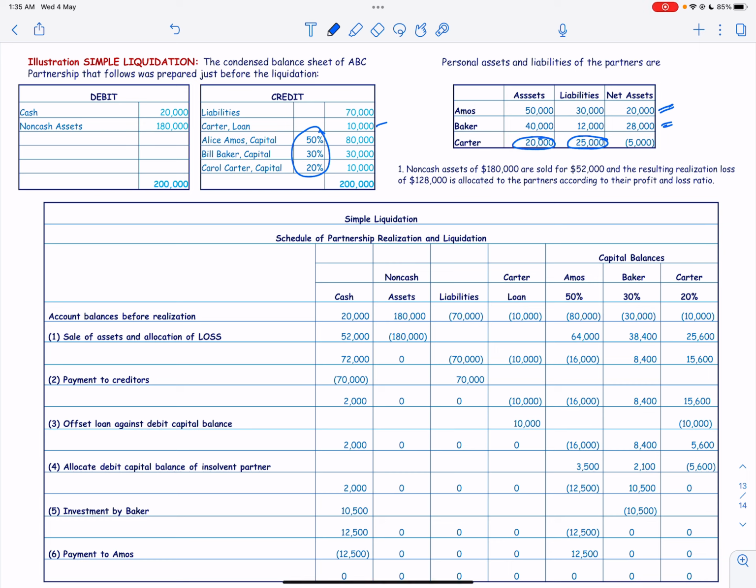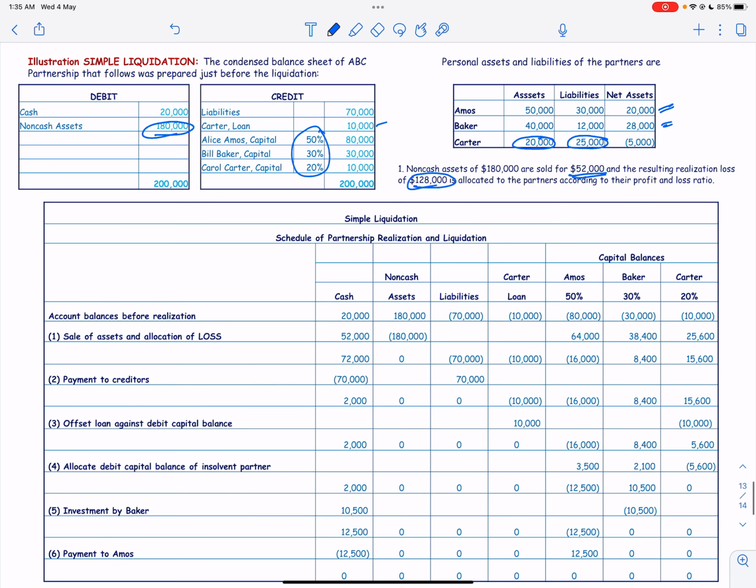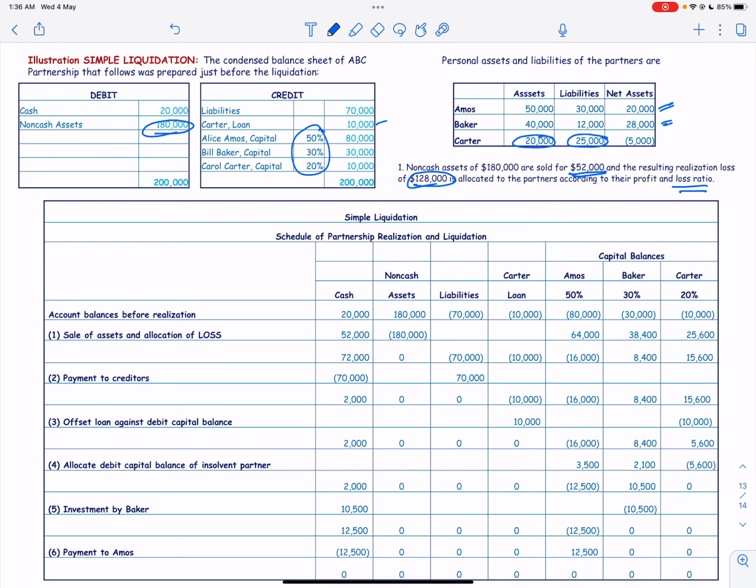And then non-cash assets of 180,000 are sold for 52,000. So the difference of 128,000 is allocated among the partners in their profit sharing ratio. So we have the balances from the illustration: cash, non-cash assets, liabilities, loan, and the capitals.